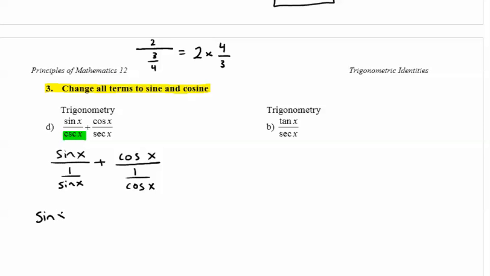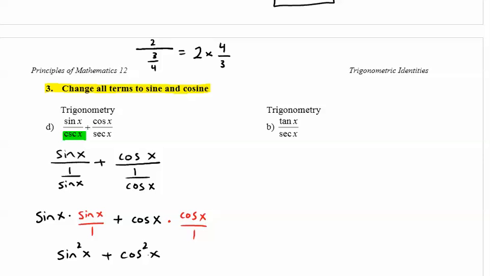Take my numerator, multiply by the reciprocal of the denominator, plus numerator times the reciprocal of the denominator. And then I can just multiply the tops together. Sine times sine is sine squared. I don't have to worry about the 1. Cosine times cosine is cosine squared.